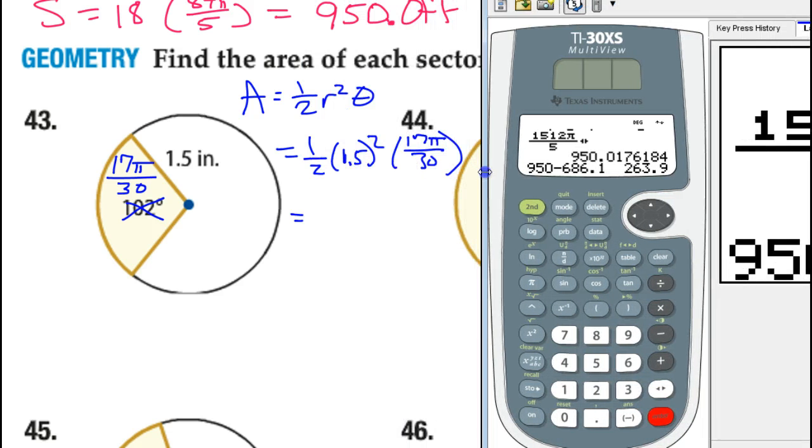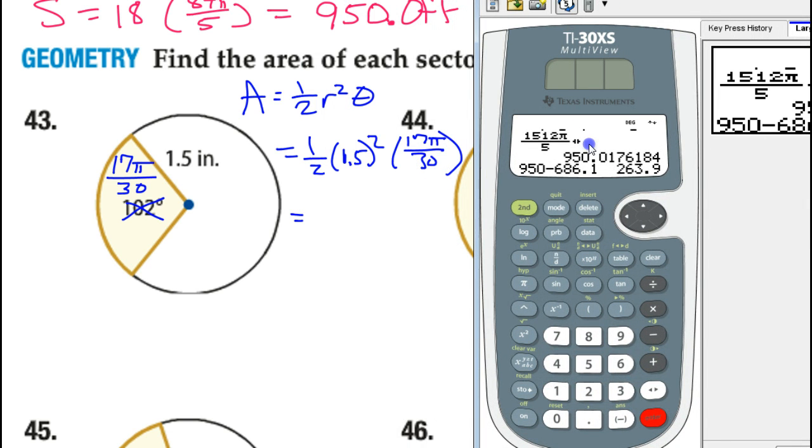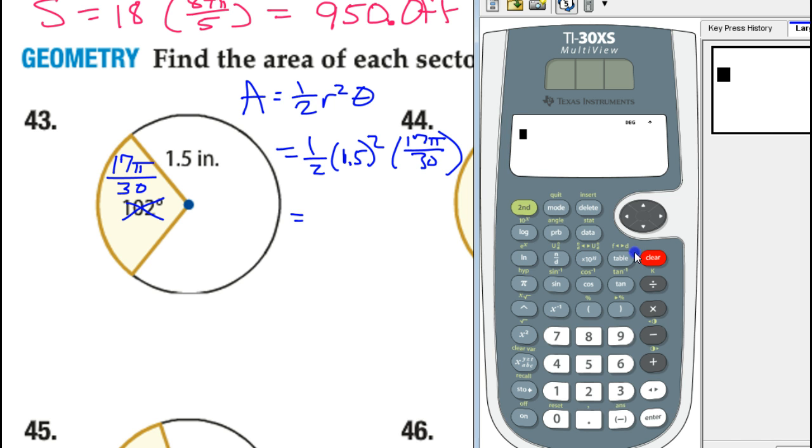So I've got 1/2, and then 1.5 squared, and then 17 pi over 30.